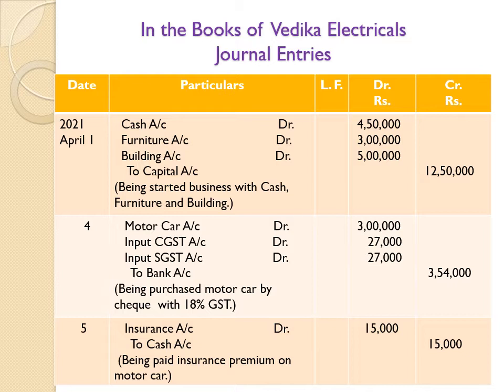Furniture was brought into business, furniture account debit 3 lakh, and building of rupees 5 lakh is also used. So the total of these three items is credited to capital account, 12 lakh 50,000.